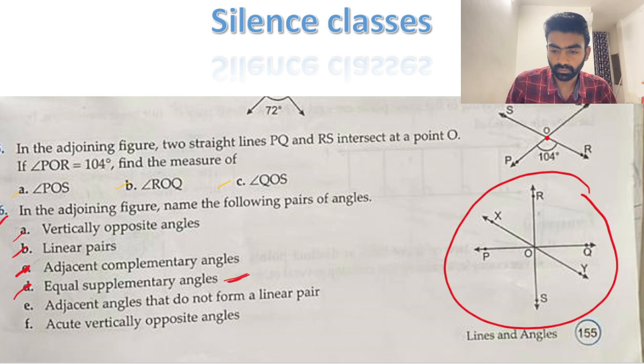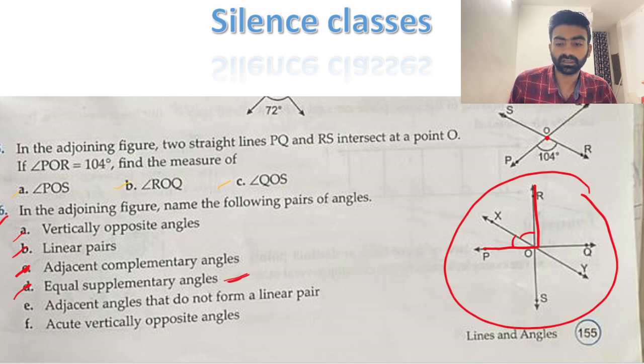If you check, POR is an angle, but it is not a linear pair, because the sum of both angles is not making 180 degrees, so it is not a linear pair, but it is an adjacent angle.